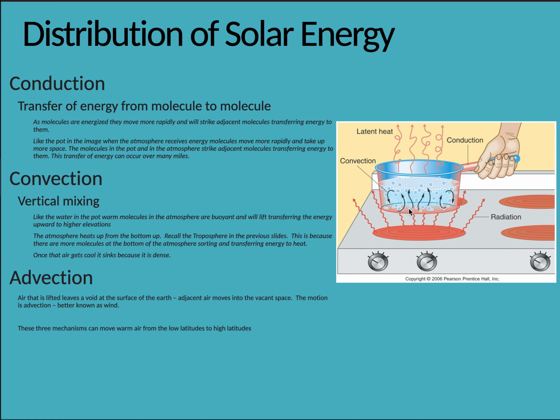So this is convection. The heat that's here gets transferred upwards into the cooler parts of this pot, likewise to the cooler parts of the atmosphere. And if this rotation has volume in distance this way, we're going to move it laterally as well. That lateral movement is important on the bottom because that is advection.